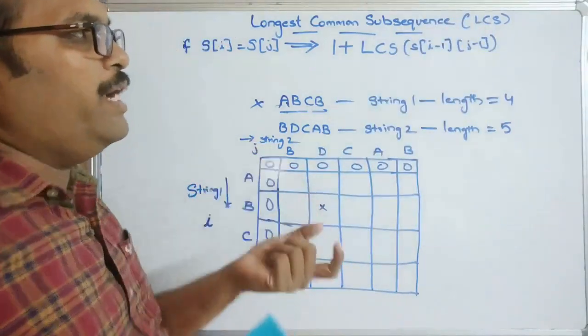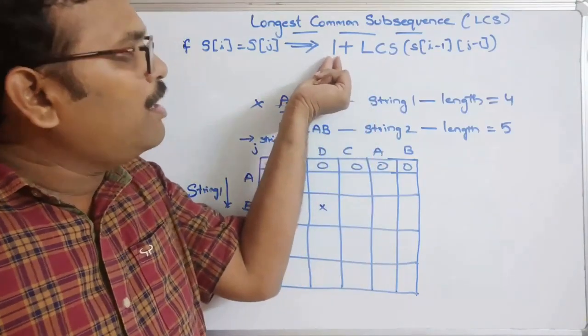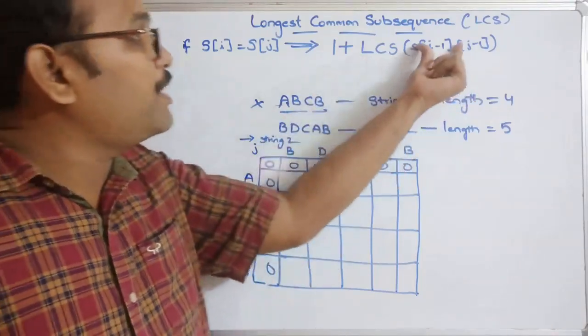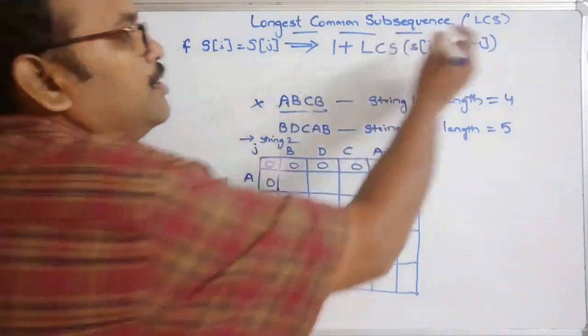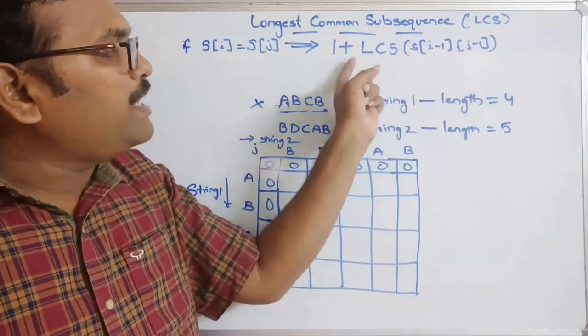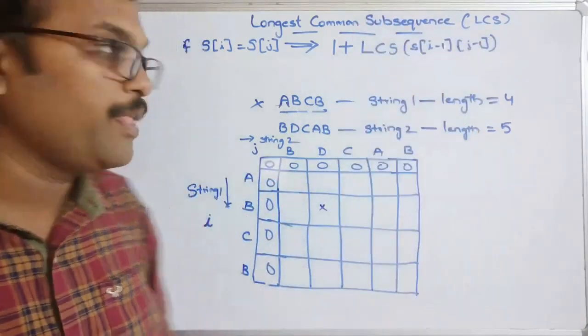We need to add one number to this particular cell. So 1 plus LCS of S of I minus 1, J minus 1.